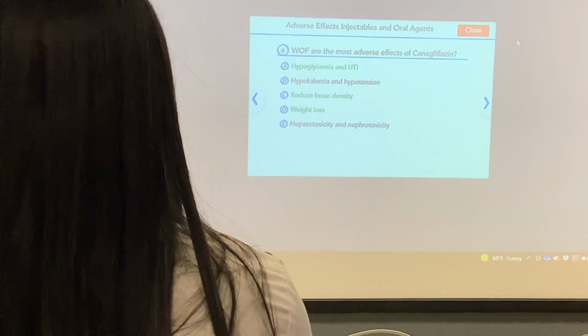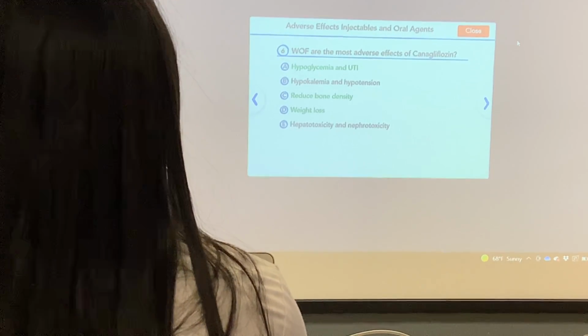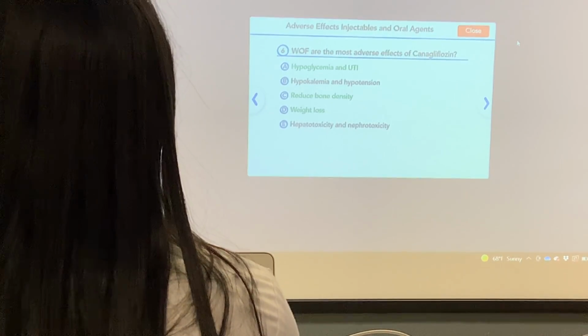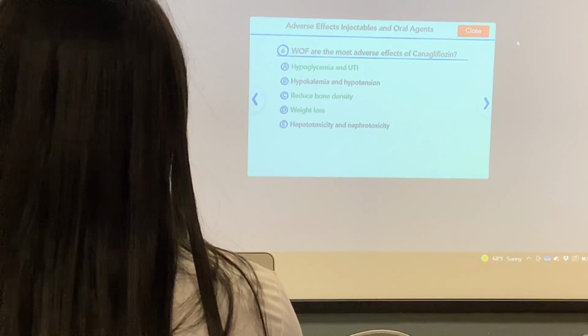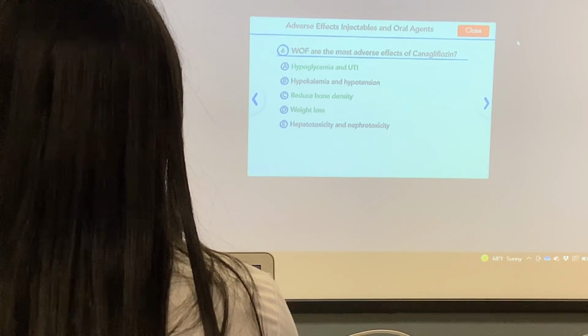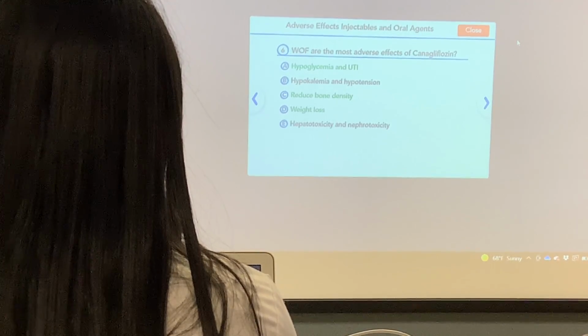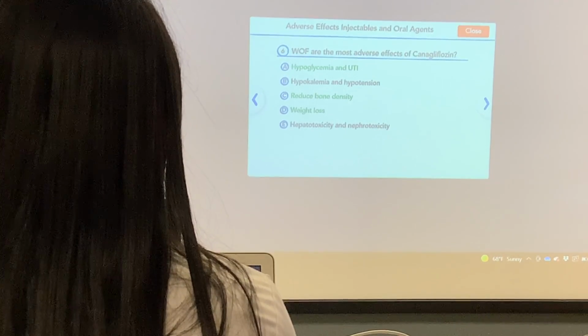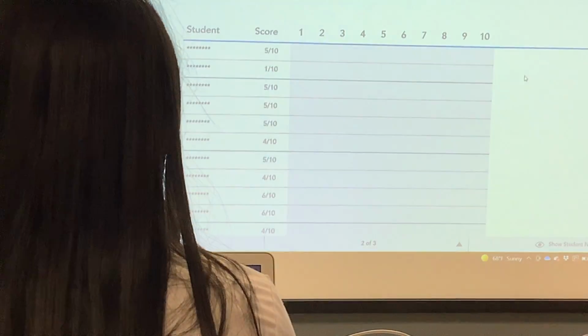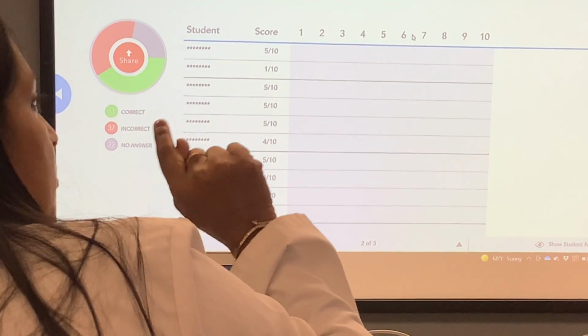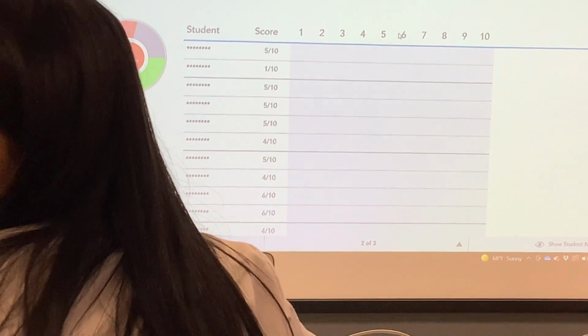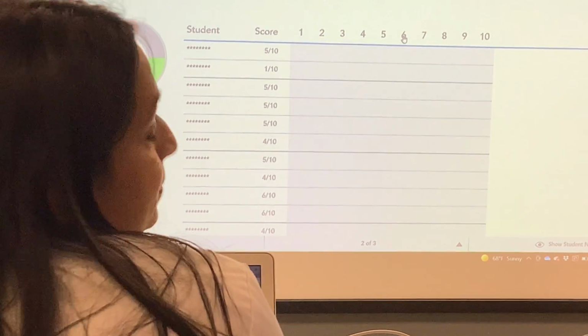So it's going to be hypoglycemia and UTI, reduced blood density and weight loss. It's not going to be hypokalemia and hypotension, or hepatotoxicity and nephrotoxicity. It gives you hyperkalemia, yes.